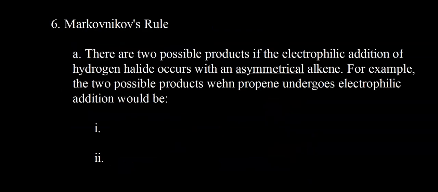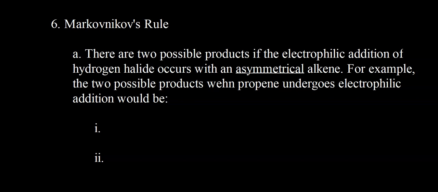All right, something you need to be careful of involves the addition reaction with asymmetrical alkenes, and especially the addition of either water or the addition of a hydrogen halide. For example, let's say you have a reaction between propene and hydrogen chloride.